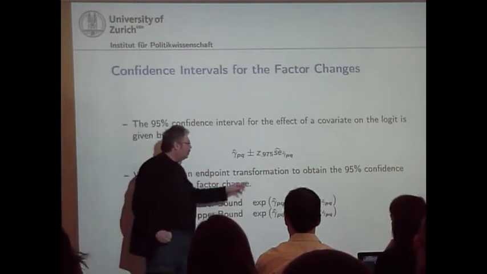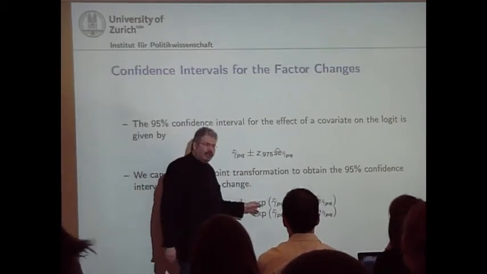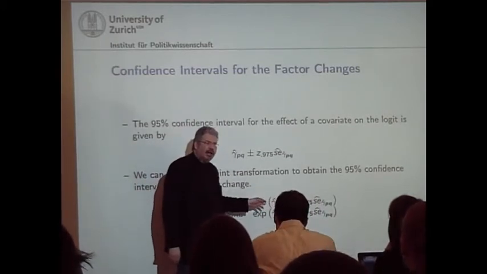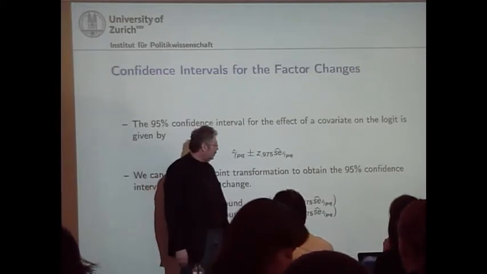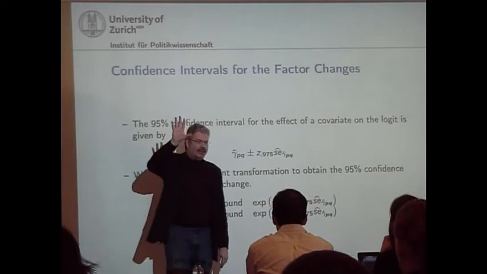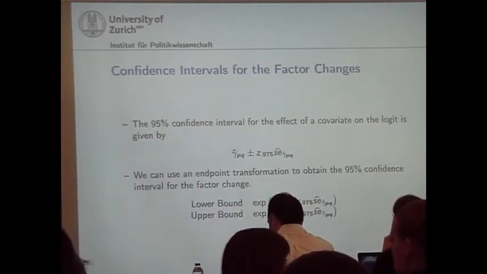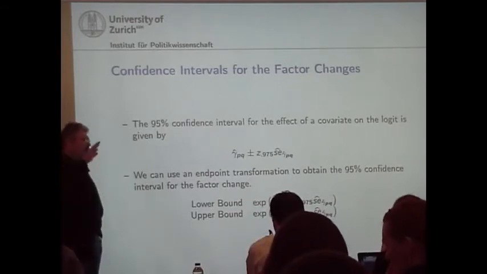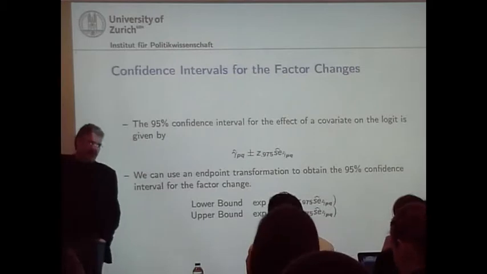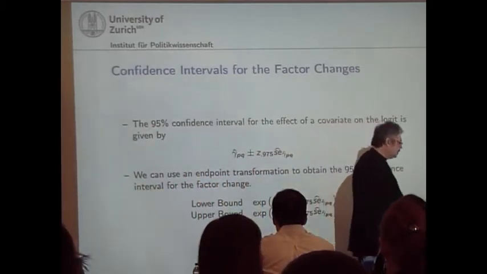So you take the endpoints of this interval and plug them into the exponential formula. So e raised to the power gamma minus 1.96 times the standard error is the lower bound, and the upper bound is e raised to the power gamma plus 1.96 times the standard error.